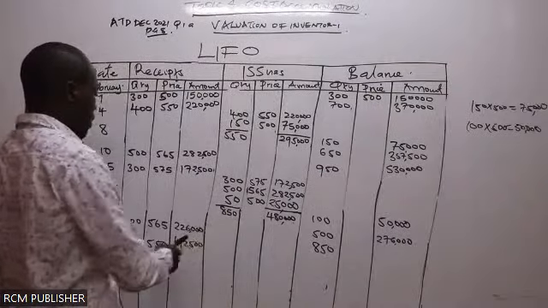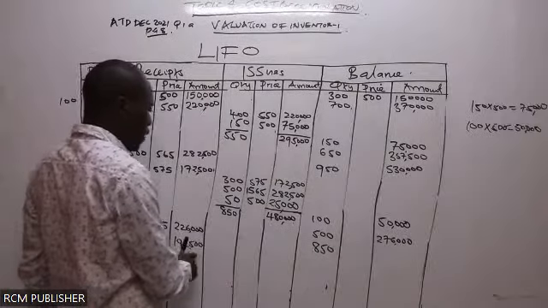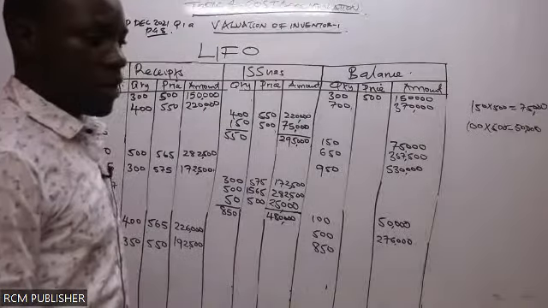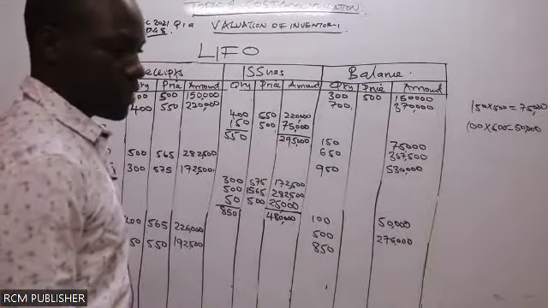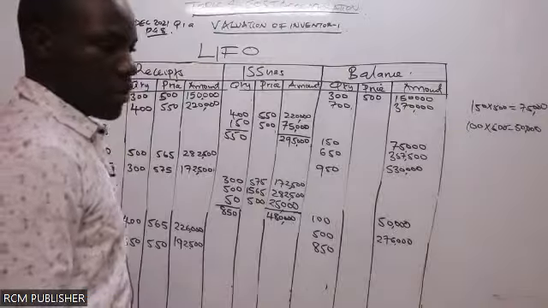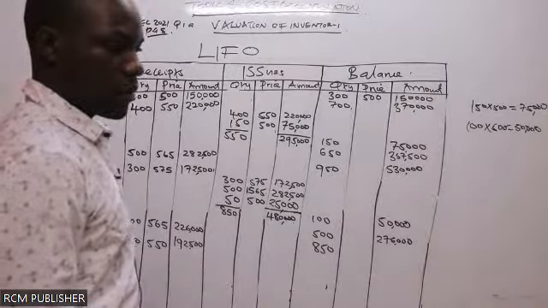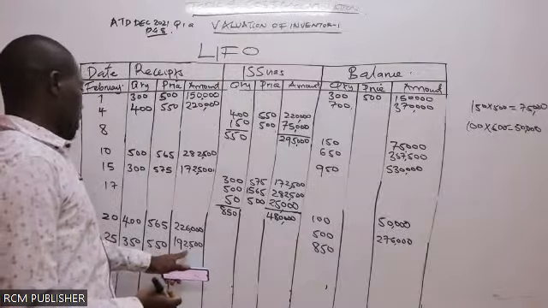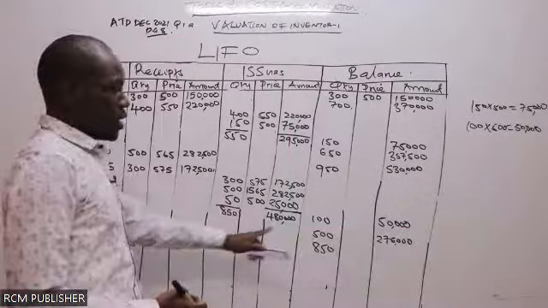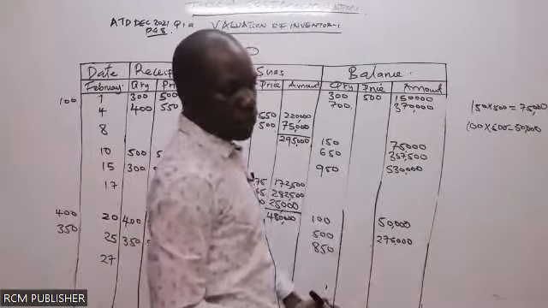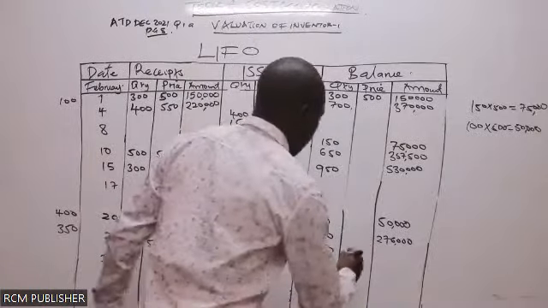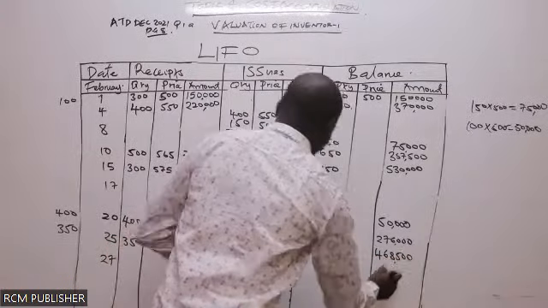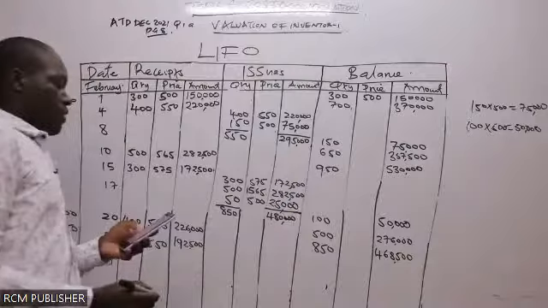And then in terms of value, 192,500 plus this 276,000. What do we have? 192,500 add to 276,000 should give us 468,500. 468,500.